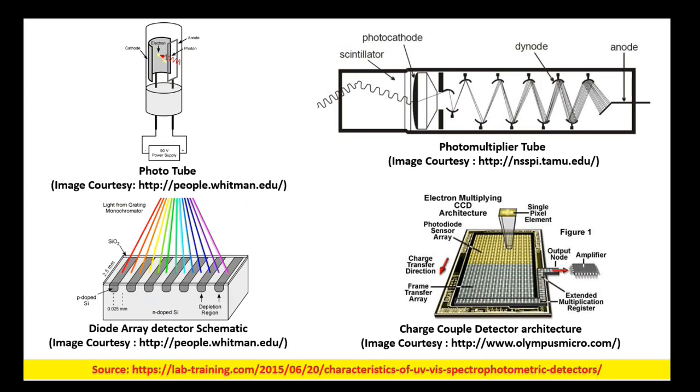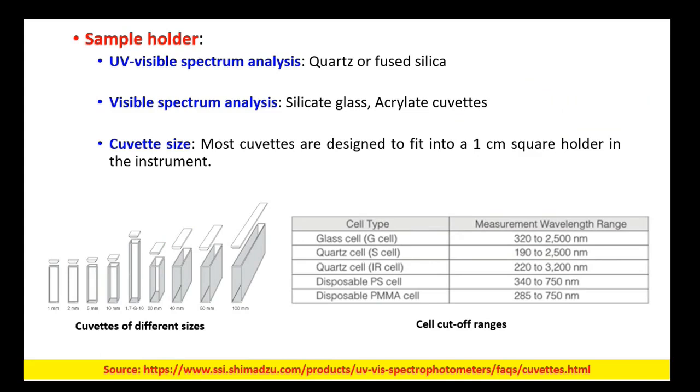These are the different types of detectors, and we have discussed their functionalities. Then we also discussed the sample holders. Polystyrene and PMMA cells are mainly used in the visible region.